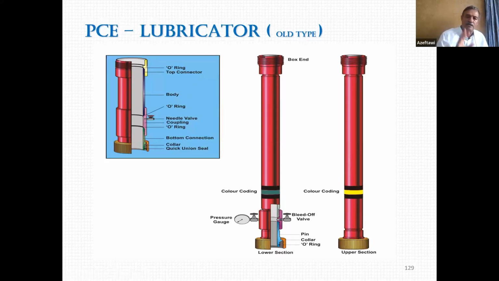One piece means it is not connected in several pieces, because every connection you make is a possibility of leak. So you have to minimize your connections, to minimize the possibilities of leaks, to increase the safety in the rig up.